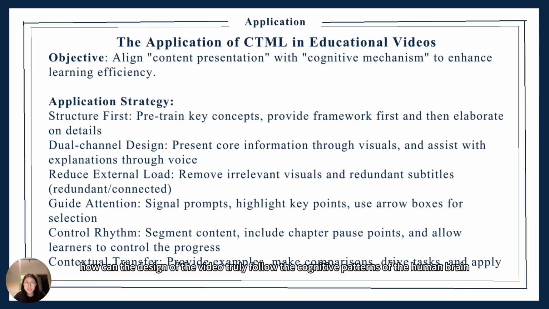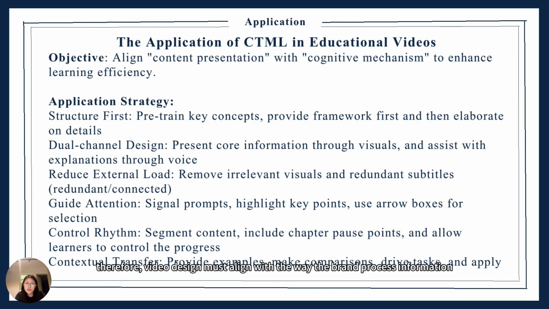How can the design of the video truly follow the cognitive patterns of the human brain? In other words, how do we apply CTML in educational videos? The core of CTML reminds us that learners receive information through both visual and auditory channels, while cognitive resources are limited.